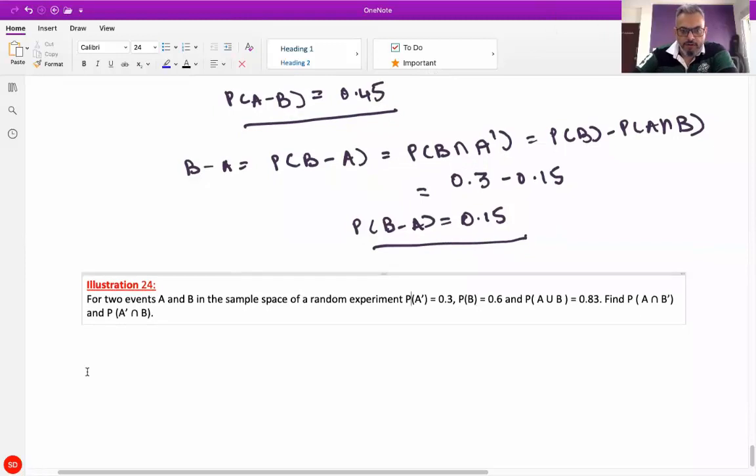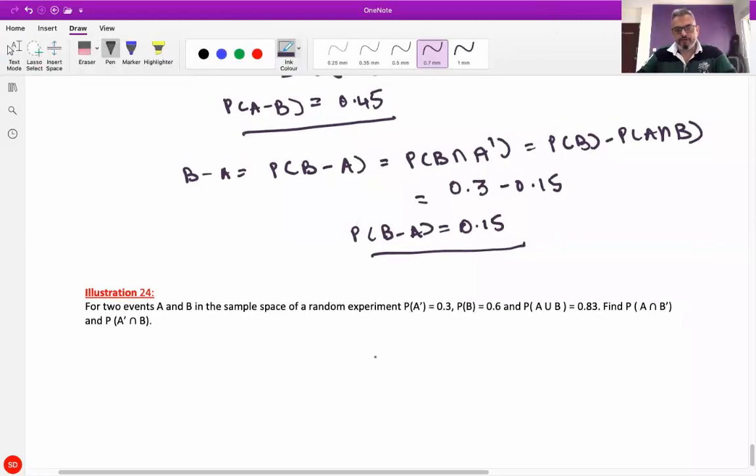So now let's first find out P of A. Now P of A complement is 0.3. Therefore P of A is equal to 1 minus P of A complement. How did this come?